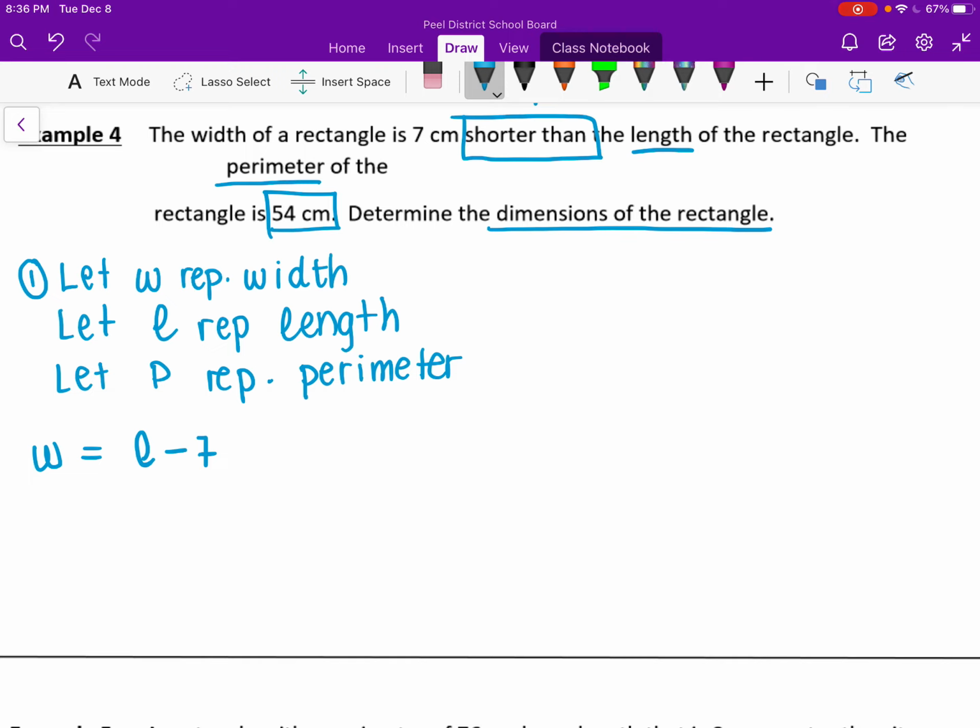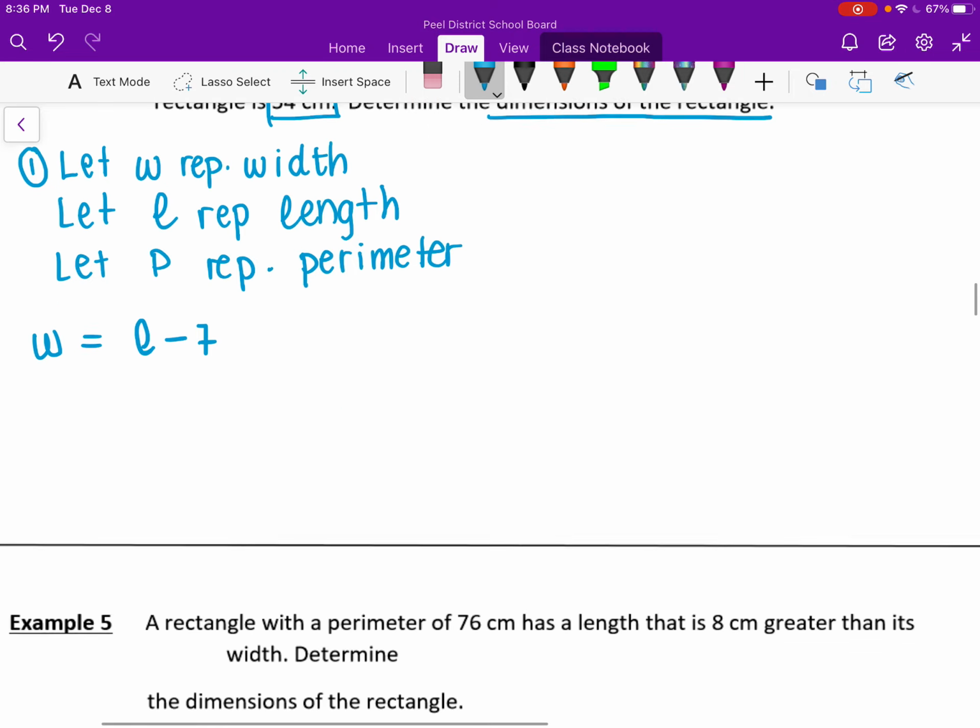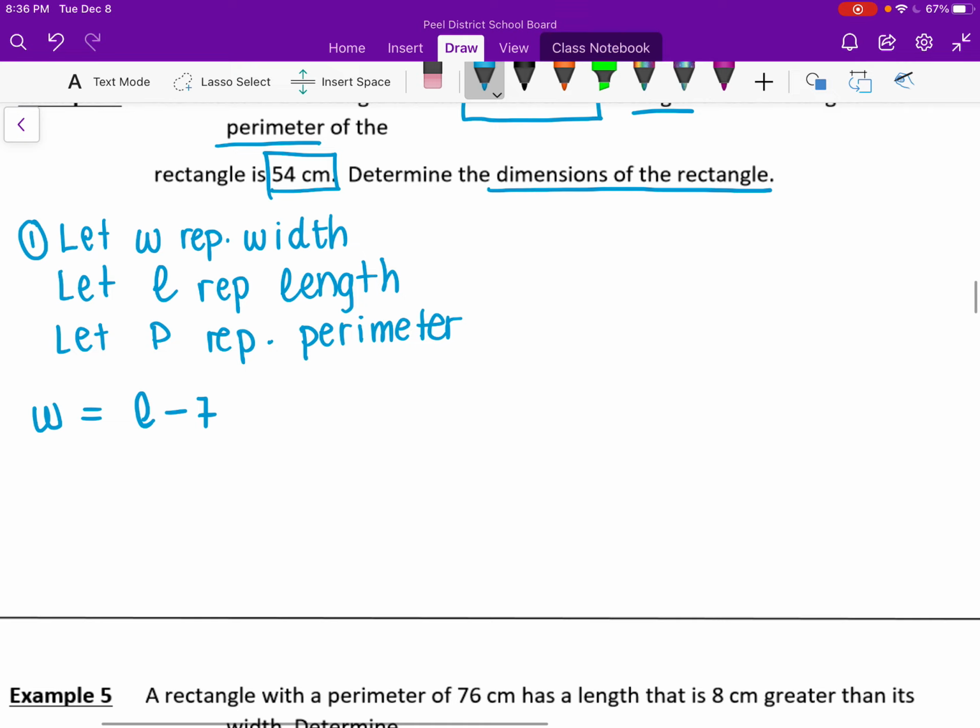Right? And the perimeter is equal to 54 centimeters. So I know perimeter is equal to length plus width plus length plus width. Or how you can write this is perimeter is equal to 2 times L plus 2 times W, right?